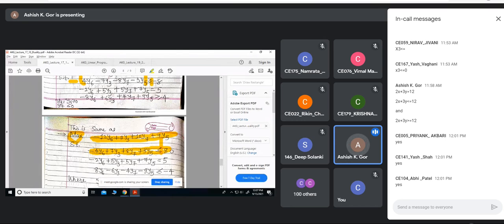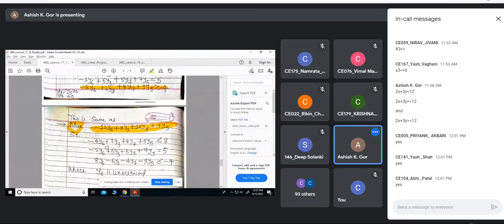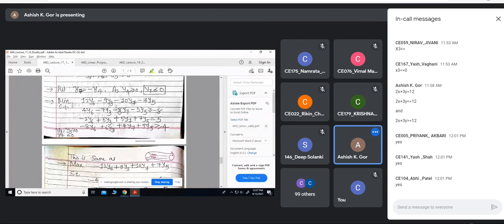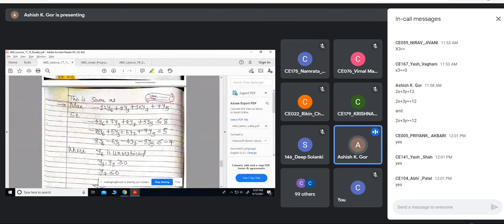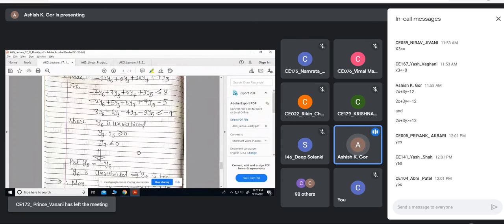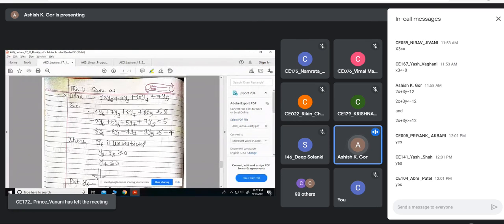The second is as it is, and in the third again I took a negative on both sides, and I got 8y6 minus 6y3 minus 4y7 minus 9y5 less than or equal to minus 4. As you know, y6 is unrestricted, y7 is less than or equal to 0, and y3 and y5 are greater than or equal to 0.